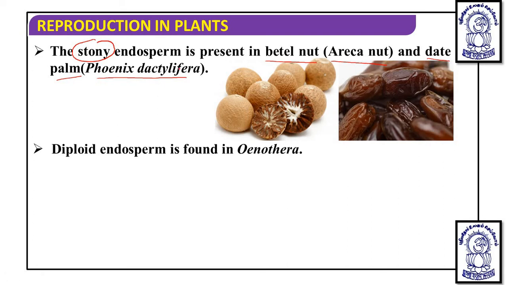That is one of the important examples, dear student. You should remember that in Oenothera the endosperm is diploid. You can get a direct fact based question from this part.